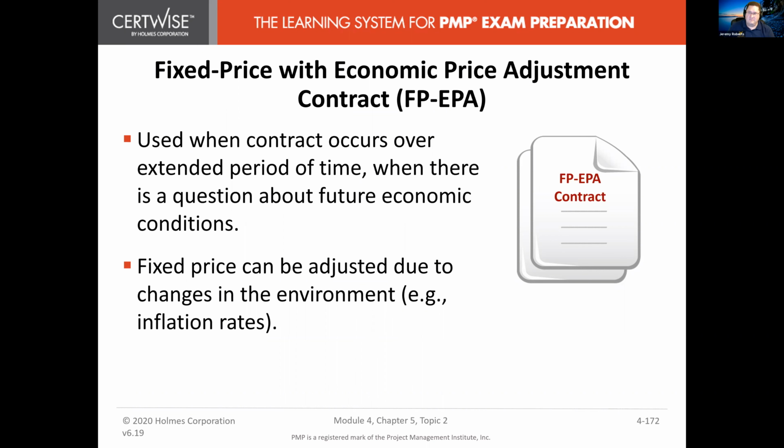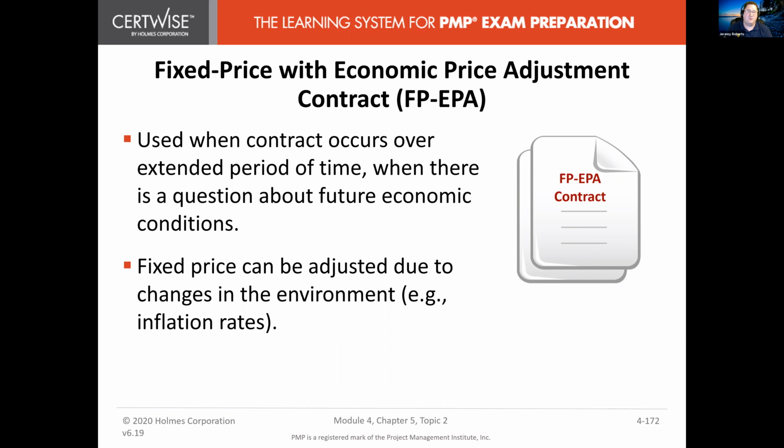Yeah, so the economic price adjustment is what can change that fixed price over time. Inflation is one factor that can be considered. But if you do put that into a contract, make sure that you identify the master data. Is it the Federal Reserve's inflation metric, whatever that is?